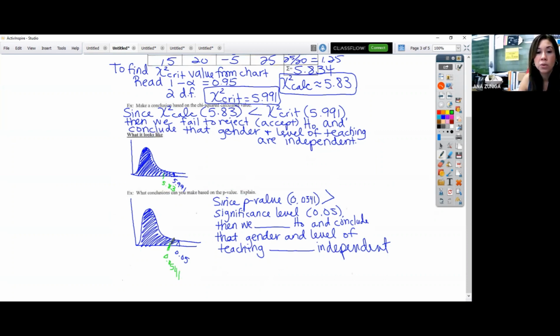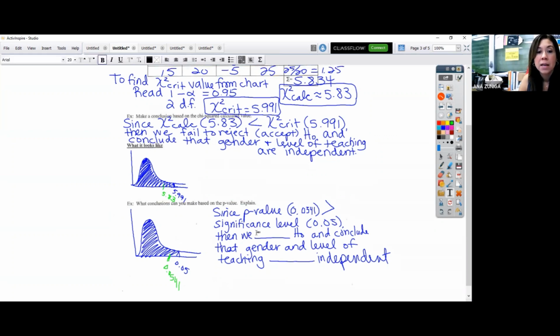So because it goes into the shaded region, then we say that we accept the null hypothesis. But remember, the correct way that we're going to say accept in statistics is fail to reject, okay? So we are going to quote unquote accept the null hypothesis, which basically means that we're going to fail to reject the null hypothesis, okay?